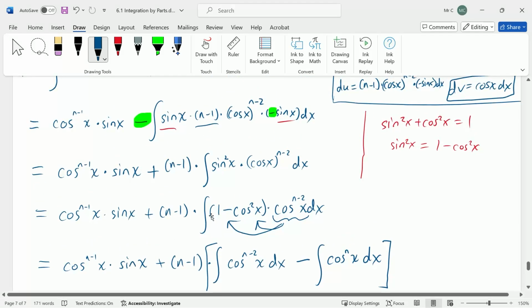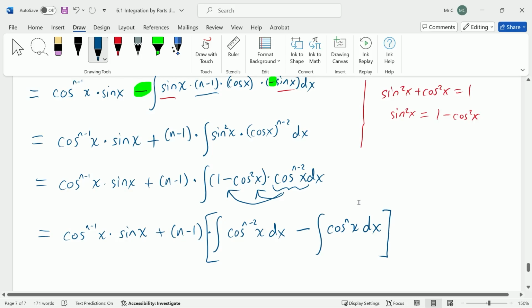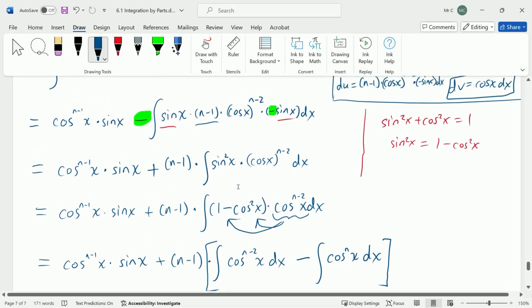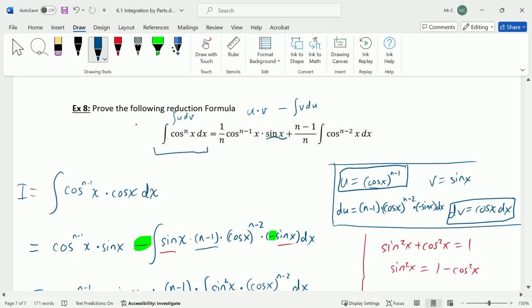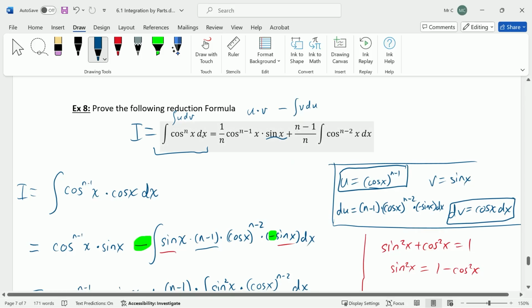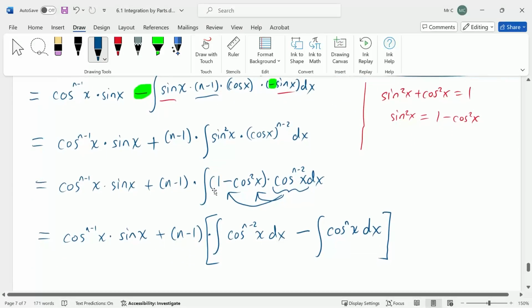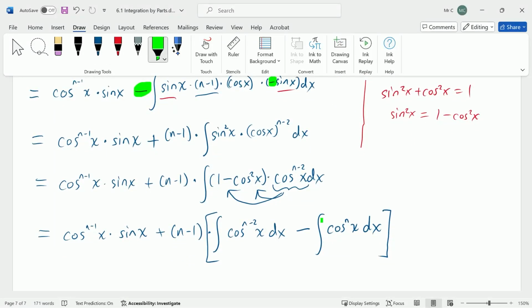And now we've gotten to the key step. This should look very familiar to a previous situation because our integral I is the nth power of cosine of x dx. So this is I again.